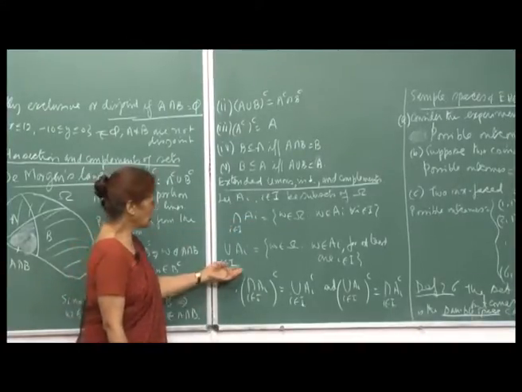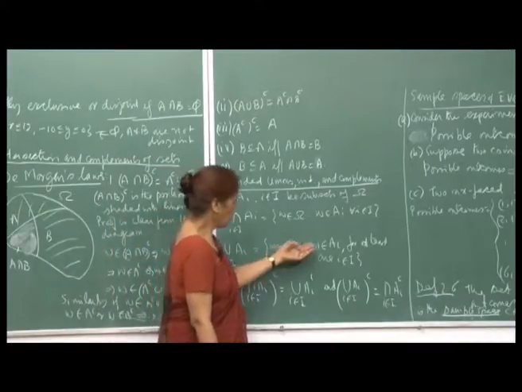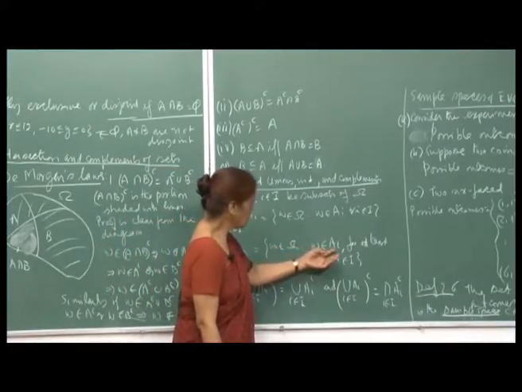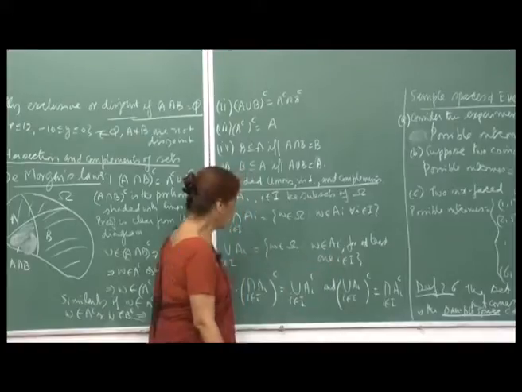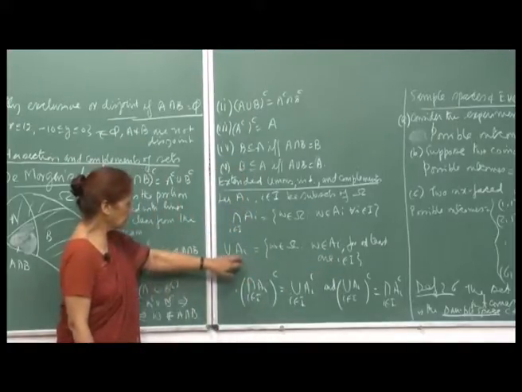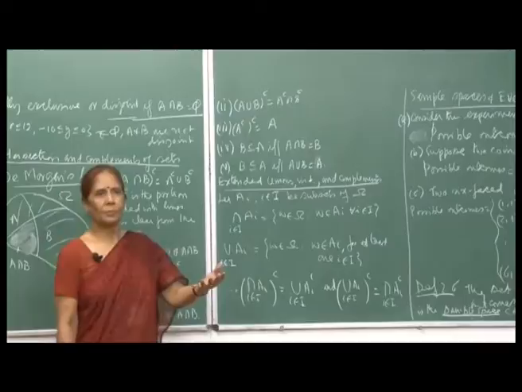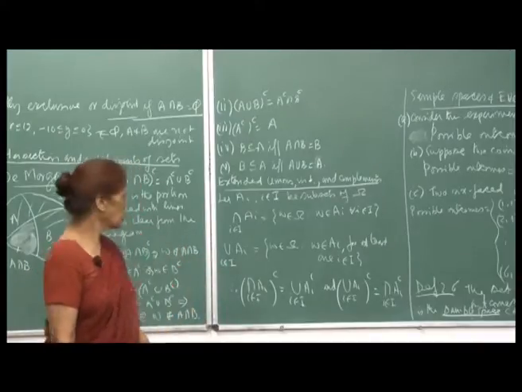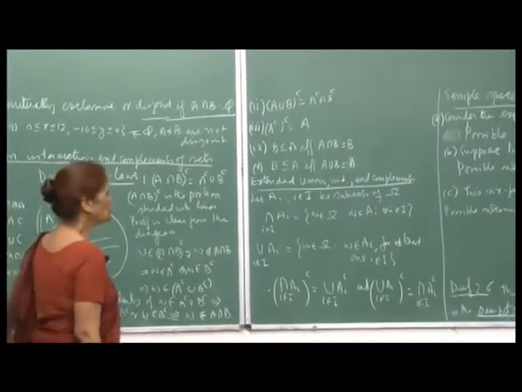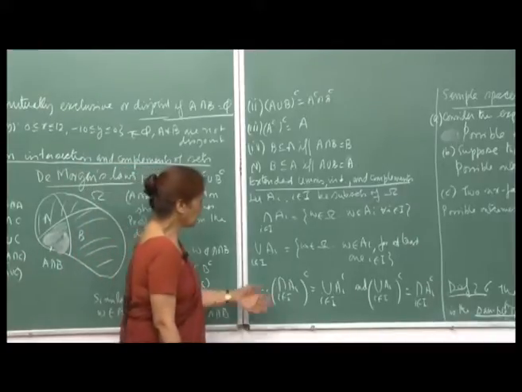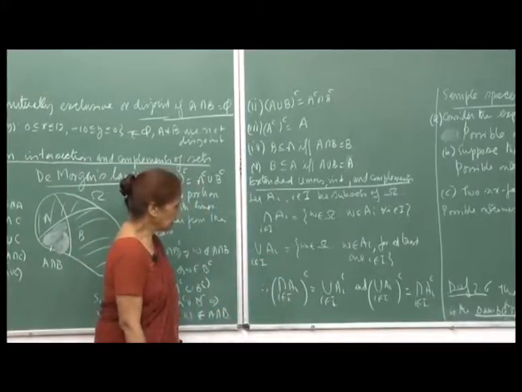And union of course would imply all omega belonging to A_i for at least one i. So, an omega belongs to the union if omega belongs to at least one of the A_i's. It can belong to more than one, but it must belong to at least one of the A_i's.